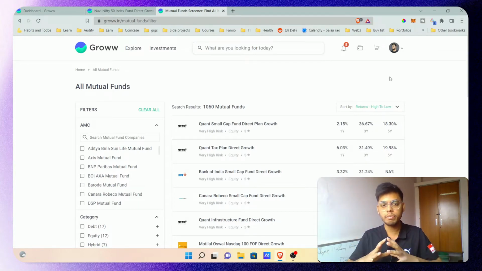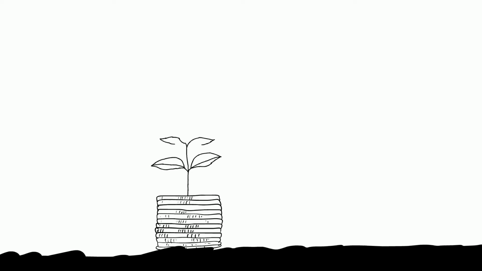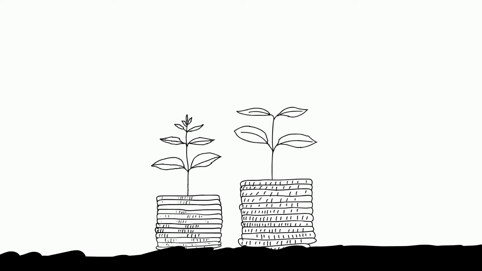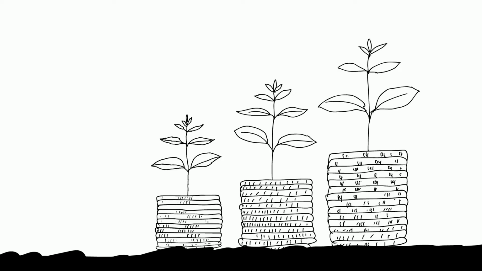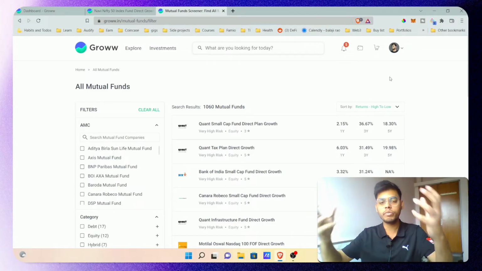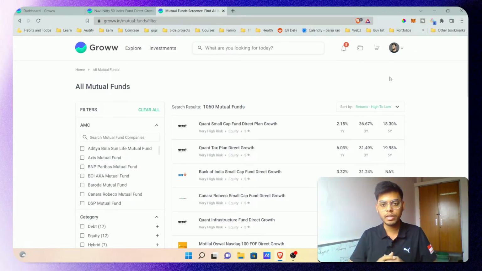So the manager takes this pooled money, where the investors come with a specific mindset, and when they choose a specific type of mutual fund, they're coming with a specific risk and a specific type of return, and the mutual fund manager will understand these things and make the right investments for them.